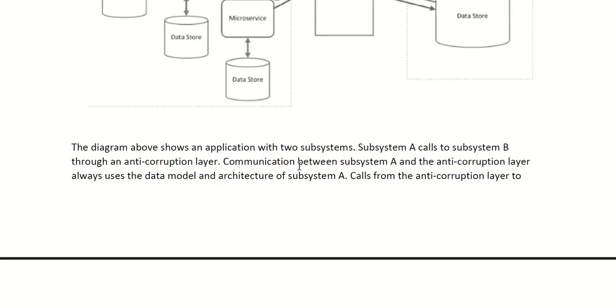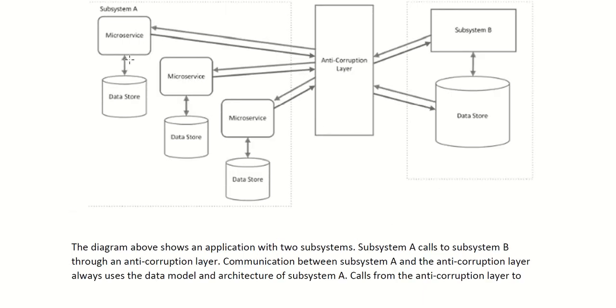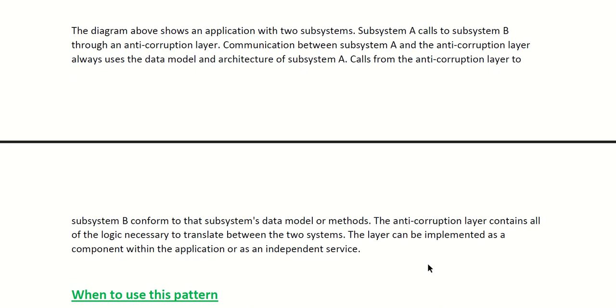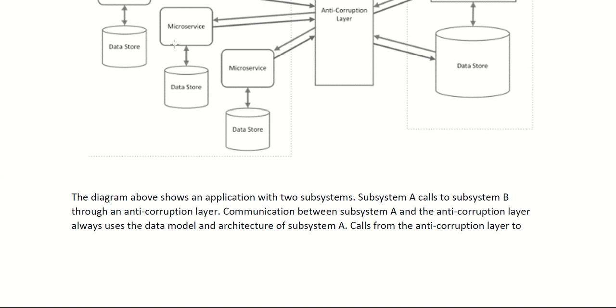The diagram above shows an application with two subsystems. Subsystem A calls subsystem B through an anti-corruption layer. Communication between subsystem A and the anti-corruption layer always uses the data model and architecture of subsystem A, which is the modern day application, which is up to the mark in terms of design as well as technology.